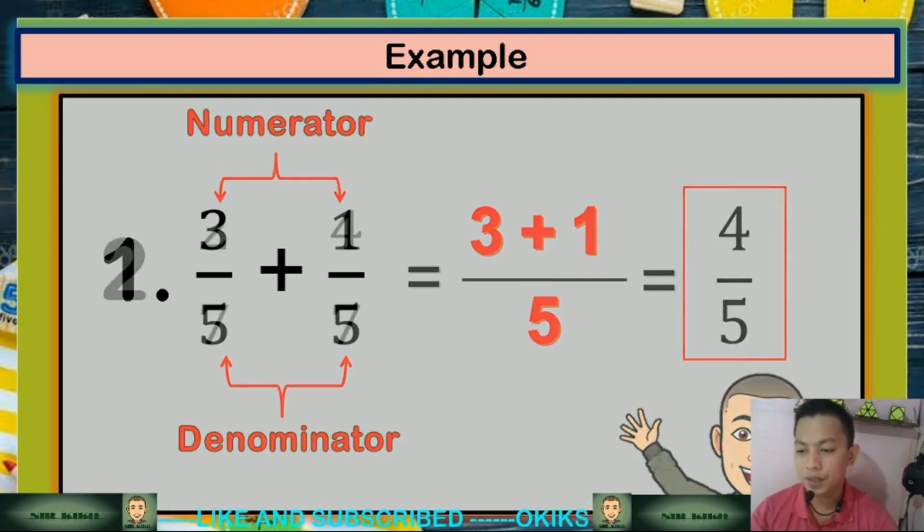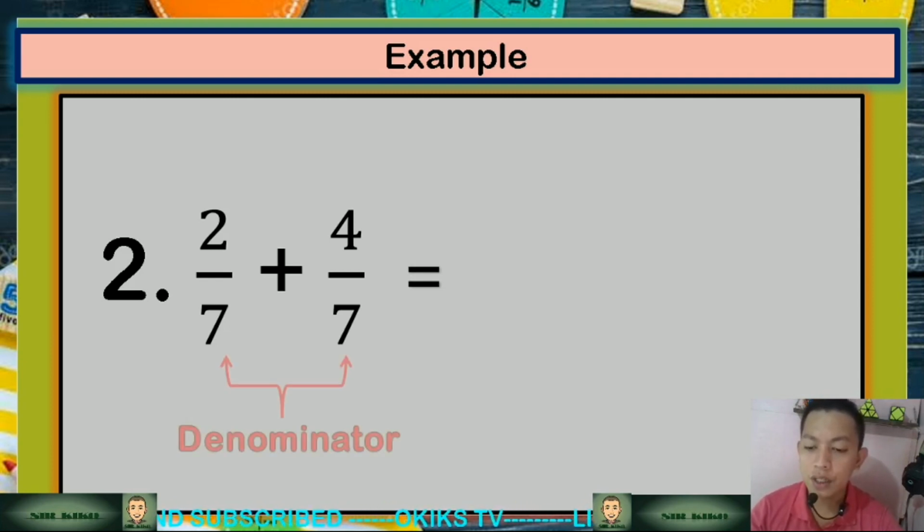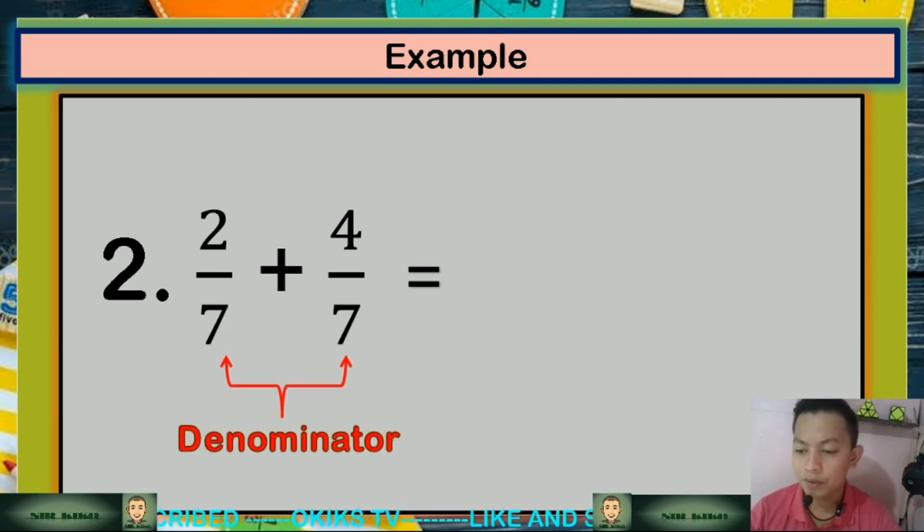Okay, next, number 2. The set of fractions are 2/7 plus 4/7. As you can see again, the denominator of these two fractions is 7.